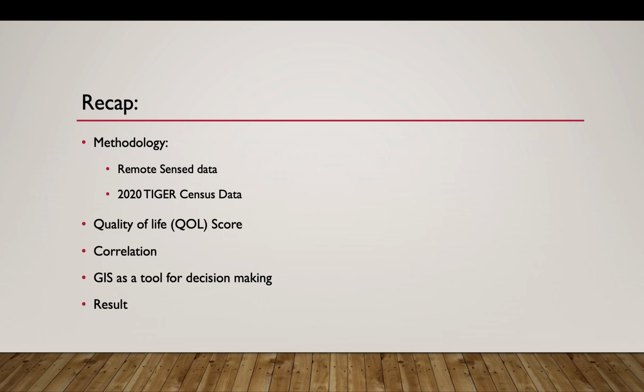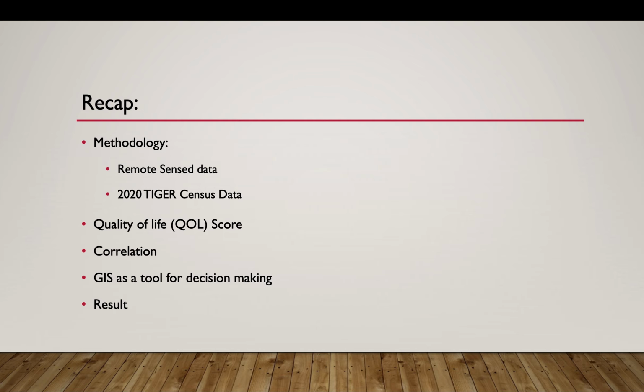And we can also see there's a correlation between income, environmental index, and all those different factors that affect a quality of life score. And all those correlations help us realize that there's a trend between a high score and a low score.